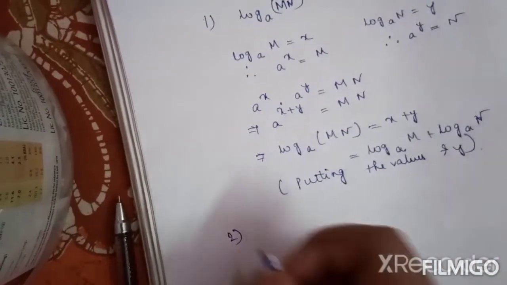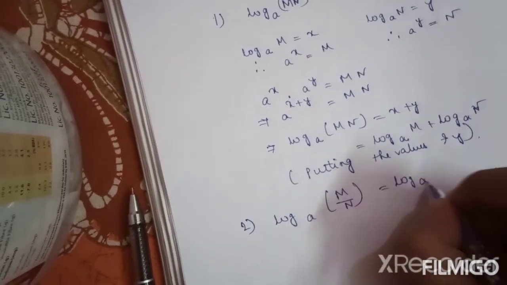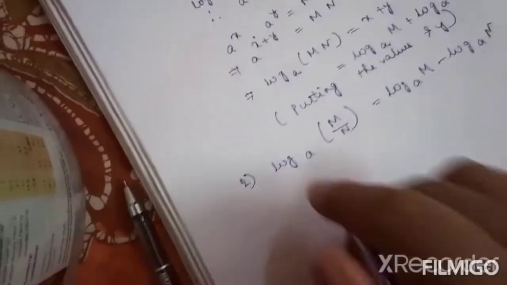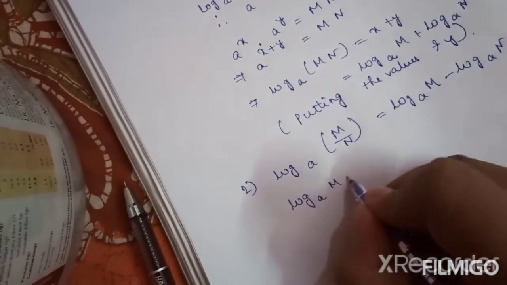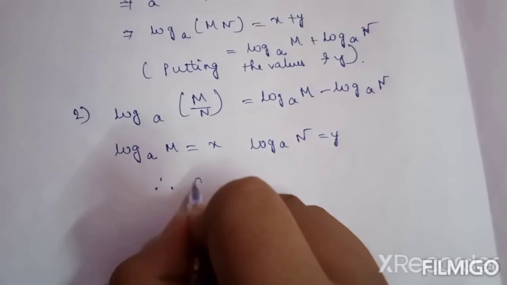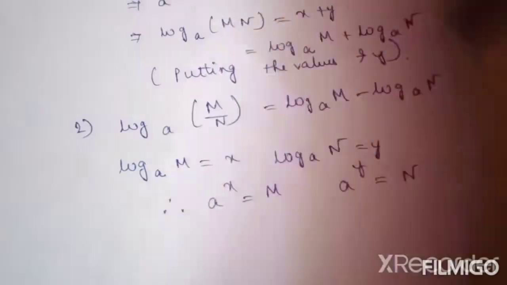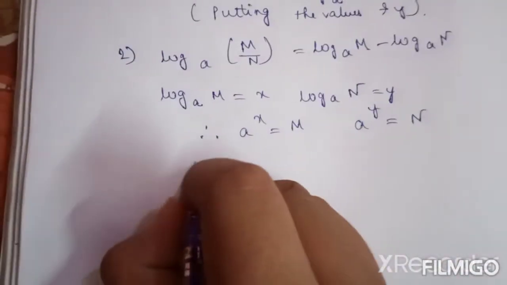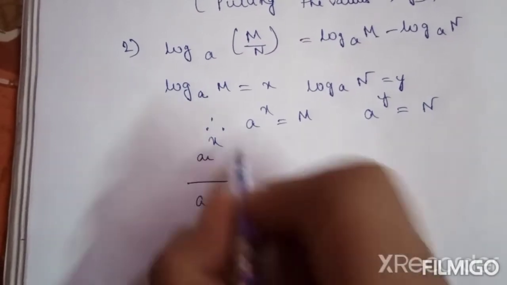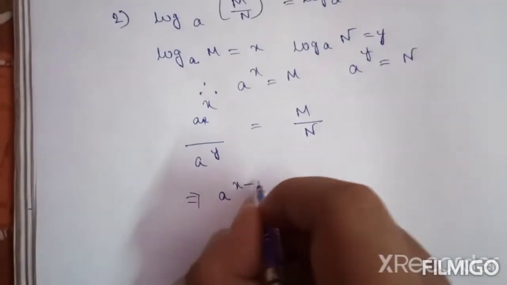The second formula was that log a base m by n is equal to log a base m minus log a base n. We'll do the same here. We will take log a base m as x and log a base n equal to y. So here a to the power x equals m and a to the power y equals n. Now a to the power x by a to the power y equals m by n, which is a to the power x minus y.